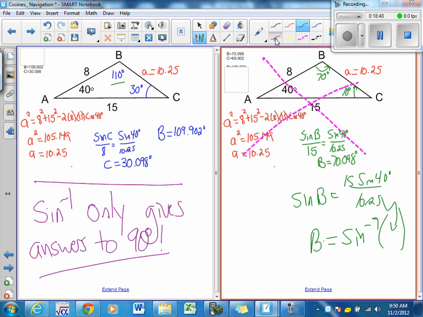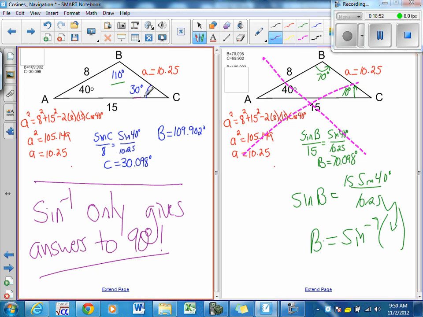As we look at this, you will notice over here, I found angle C first. I knew that was not the largest angle. How did I know that? Look at the sides. 10.25, 8, and 15. I knew 15 is the longest side. I knew angle B was the largest angle.